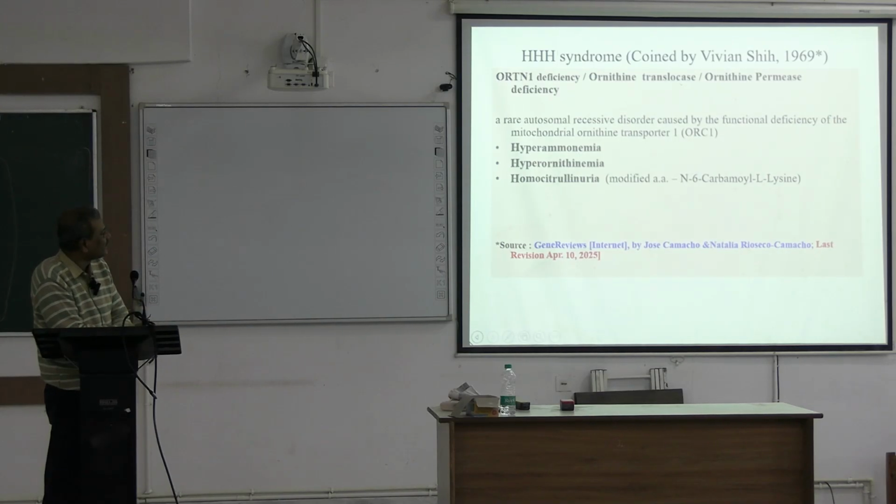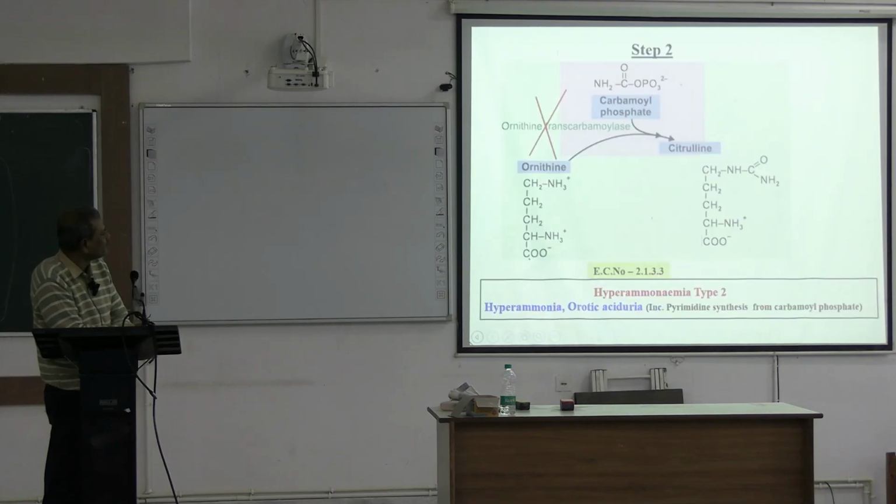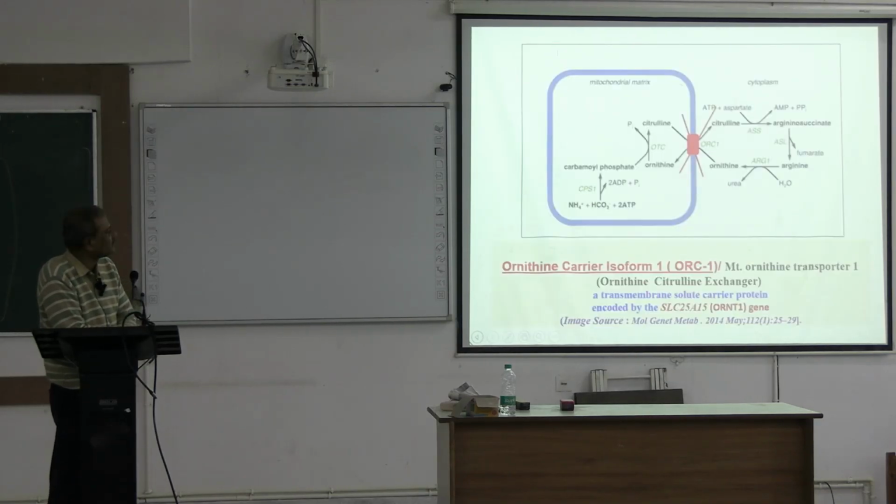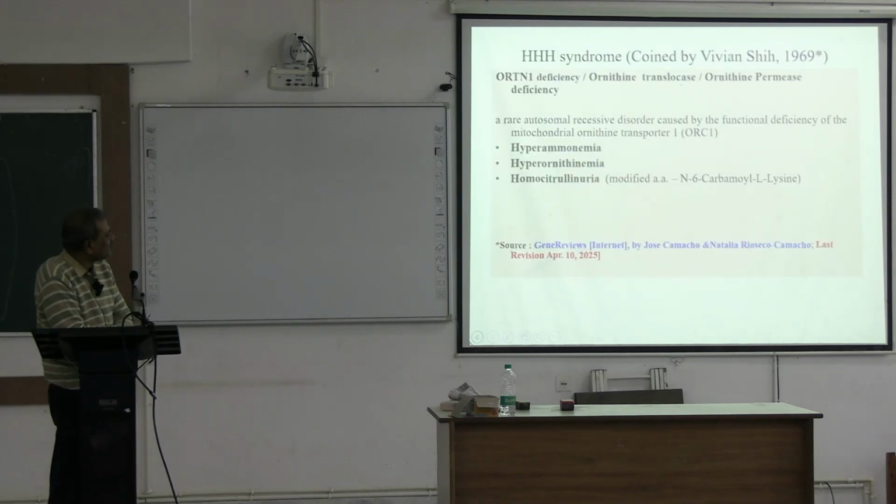Because of excess amount of carbamoyl phosphate, you see here ornithine is not able to enter into the mitochondrial matrix. Instead, lysine will enter, and that will react with carbamoyl phosphate. This is a modified version of lysine. So, lysine will combine with carbamoyl phosphate to form homocitrulline. You note down this part. This may not be available.